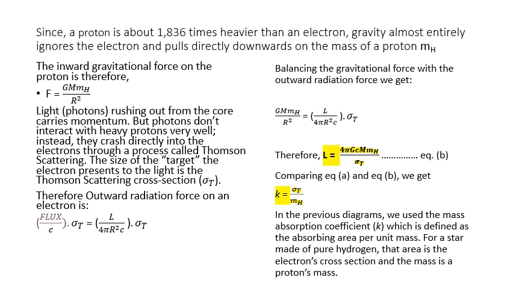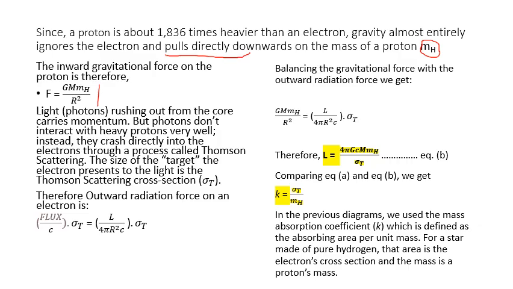Therefore the entire gravitational force pulls directly downwards on the mass of the proton, which we will define as m subscript capital H. So the inward gravitational force on the proton is G M1, which is the mass interior to the proton, times the mass of the proton itself, divided by r squared, the distance of the proton from the center of the star.